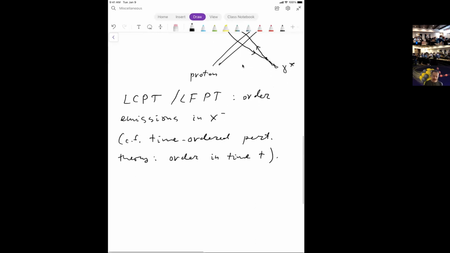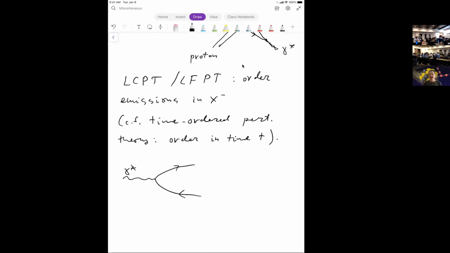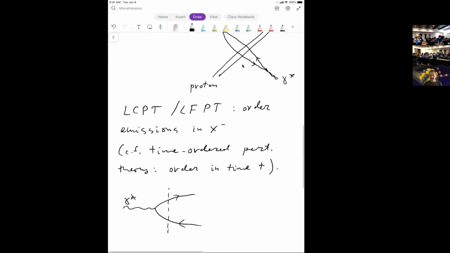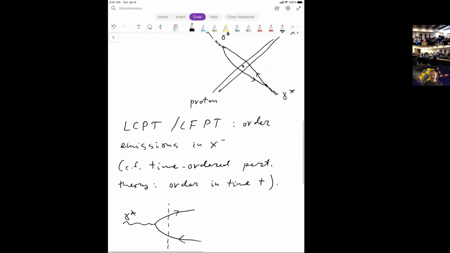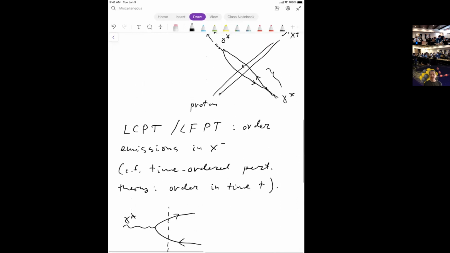So for instance, what I was talking about is a splitting of a virtual photon into a quark-antiquark pair. The way you calculate a wave function, you have an intermediate state, the quark-antiquark pair. It looks like a final state the way I'm drawing it, but of course it's a part of a bigger diagram up here. I just took a part where the photon splits into a quark-antiquark pair.